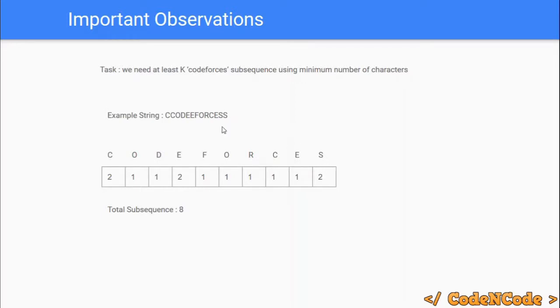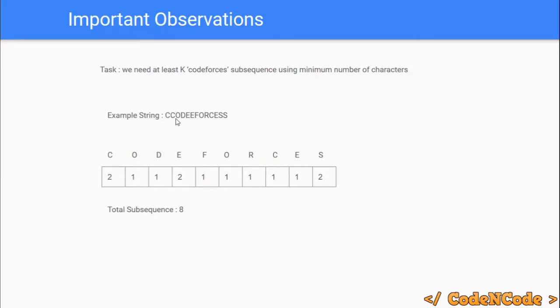Now, if you want to use x number of C's for the first C, there are 2 C's, so I have to specify the first C or the second C. You have x number of characters for the first C in the final answer, and then you want to make sure that all of the C's appear together.